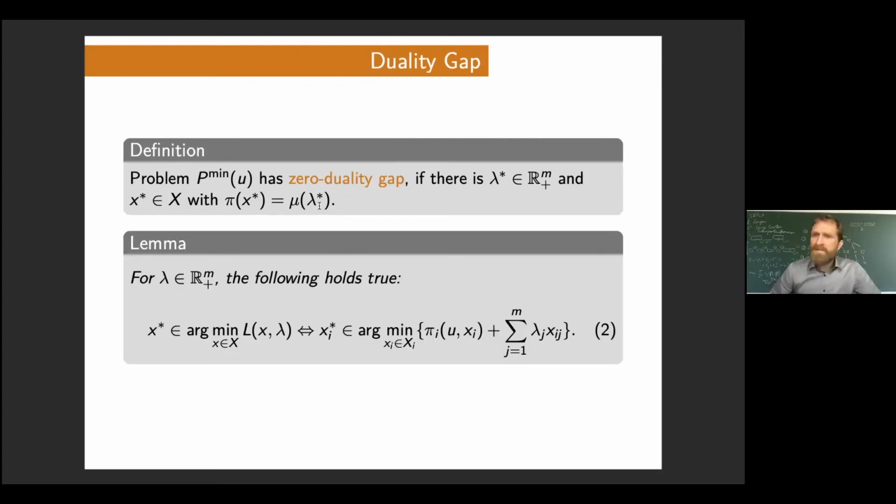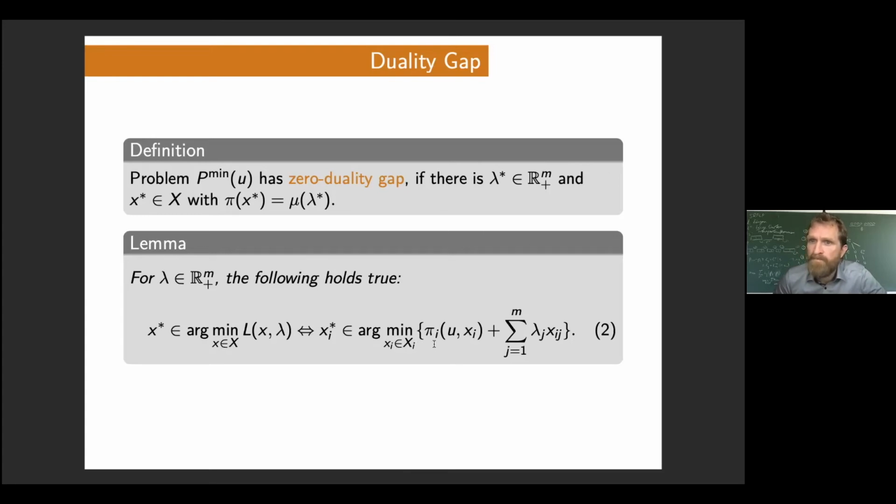And now one key lemma is the following. The Lagrangian function is separable. What I mean with this is, if you have an argument minimum x, this holds true if and only if for every player we have an argument minimum for the player-specific problem.